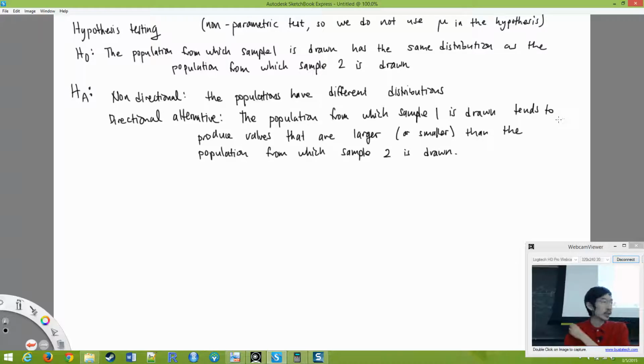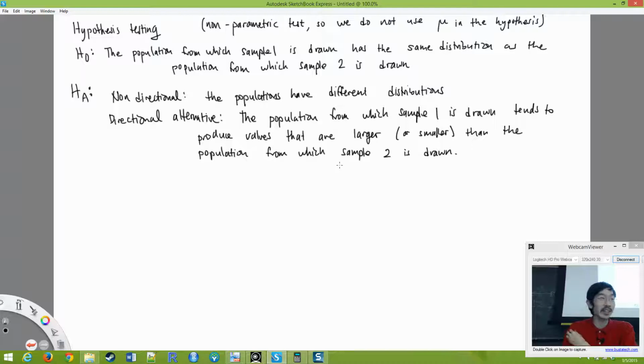So here we're again trying to make statements about the population without referring to any kind of parameters in and of themselves. What we're limited to saying is that the population from which sample 1 is drawn tends to produce values that are larger than the population from which sample 2 is drawn.